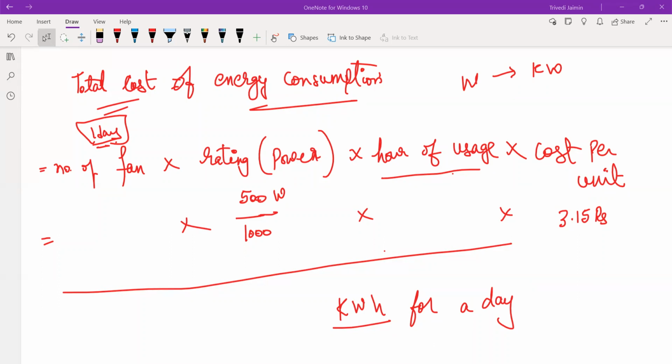Sir, I got 94.5. How many fans you added? Sir, 5 fans. Sir, I got 725. How many fans you added? 5 fans. You also have 5 fans, still not same. 5 fans and 10 hours of usage. Okay, 10 hours of usage.